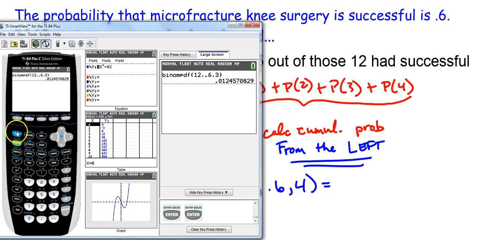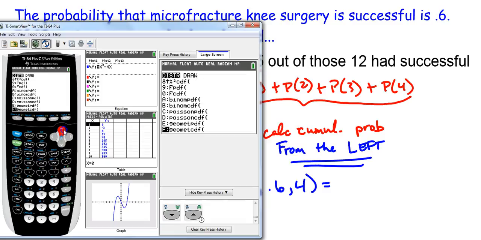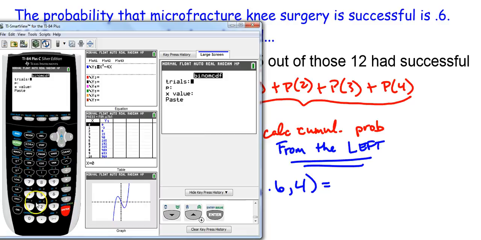So let's go look at our calculator here. Here's the distribution. We want binomial CDF in this case because we're calculating the probability of more than 1 particular outcome. 12 trials, probability of success is 0.6, and then our x value is 4. And again, because this is CDF, you're specifying where you want it to stop. It's going to work its way up from the lowest particular outcomes up to 4.